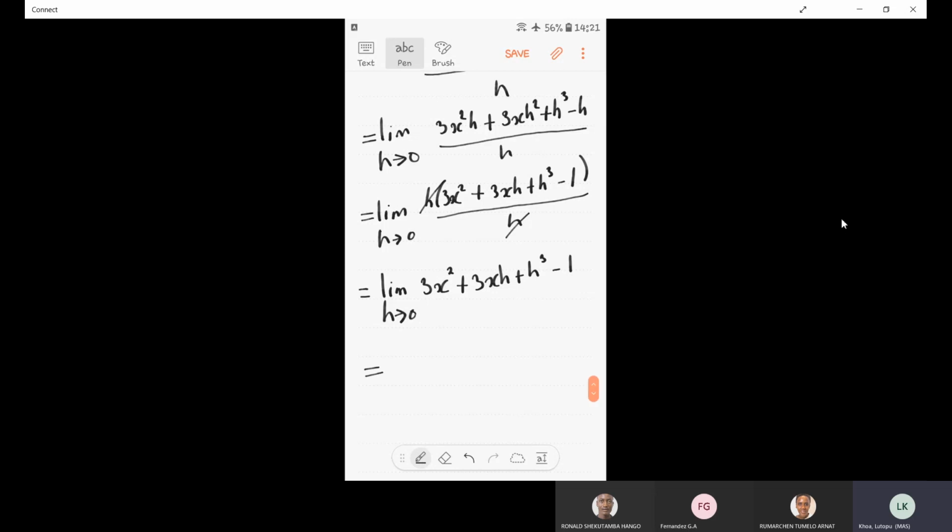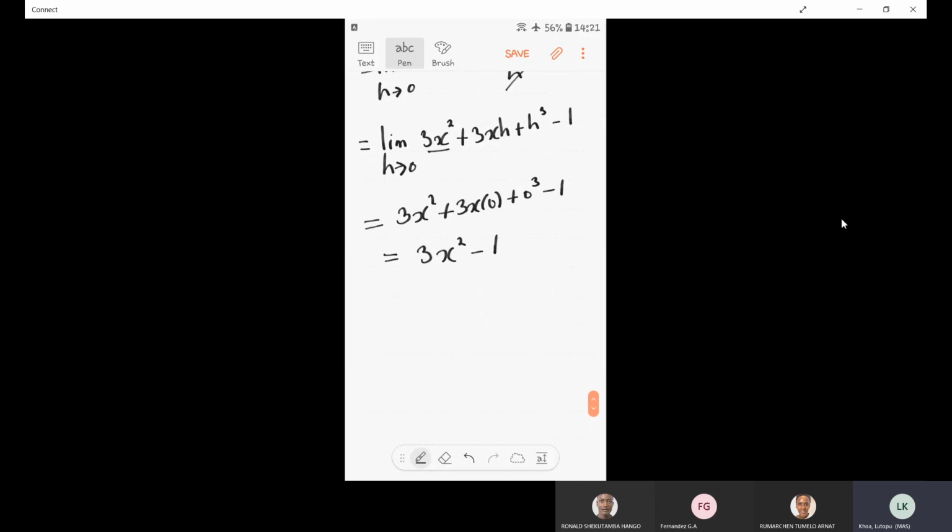And now that I'm substituting, I no longer need to write the limit. So this is just 3x squared, because that first term doesn't have an h to substitute into. Then I have 3x times 0 plus 0 squared minus 1. And then what I will be left with is 3x squared minus 1.